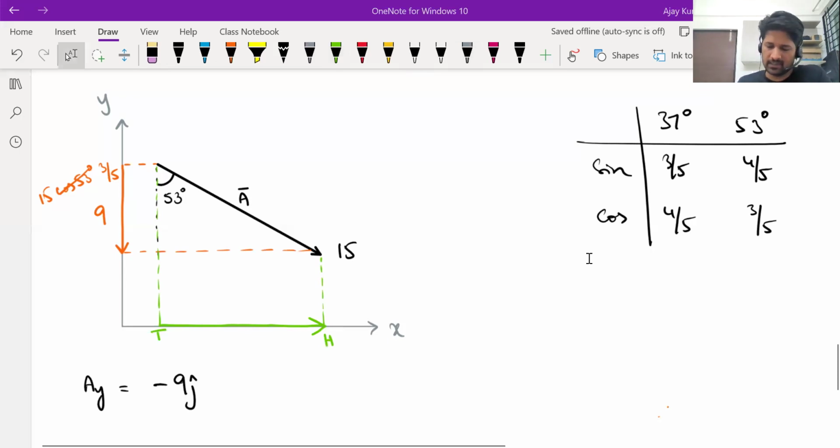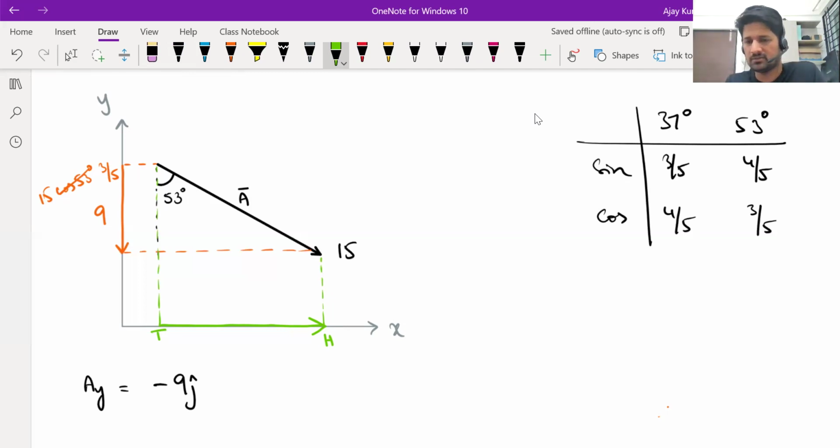Pawan, tell me, what angle does this vector make with the x-axis? Sir, 37 degrees. 37 degrees, correct. Then tell me how you will calculate the length of that x component. Sir, A sin 37 degrees. We are making the same mistake again. Why are you using the sine formula at all?